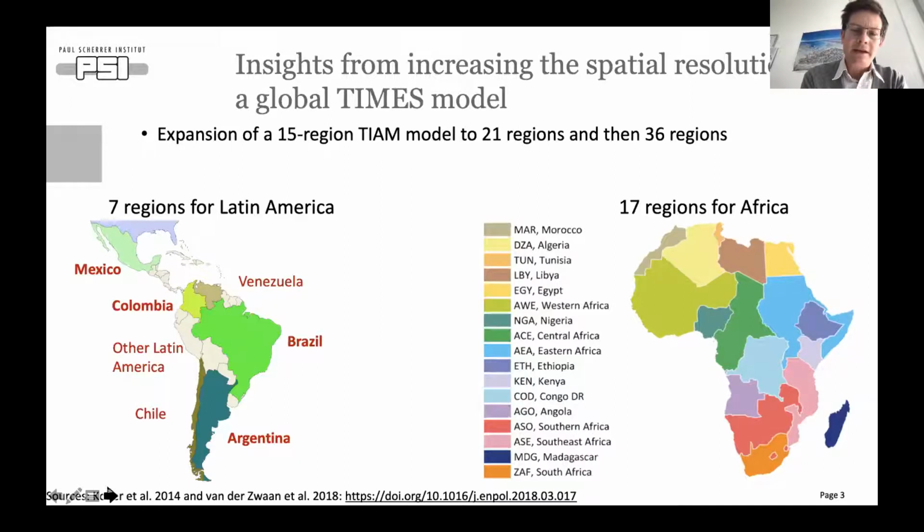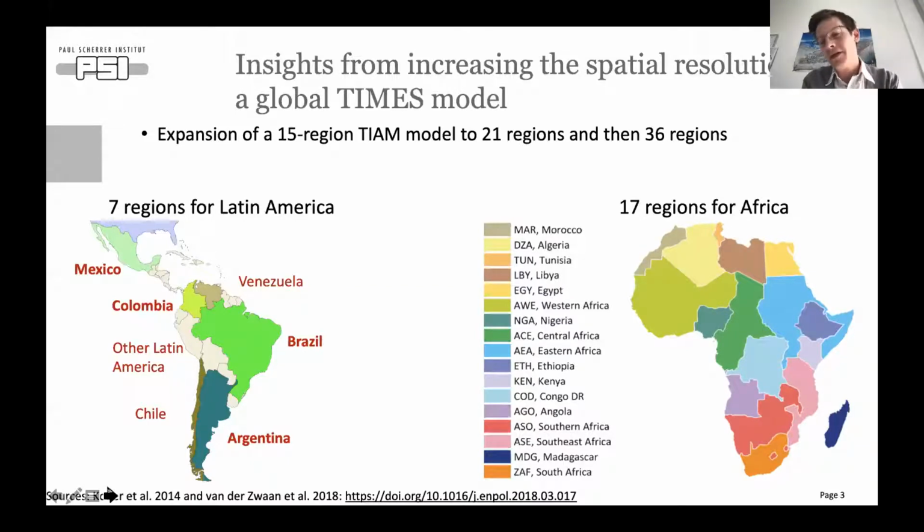And then in another project, we detailed the African region of the TIAM model, where we established 17 regions for Africa. Which actually was quite a challenge, but we came up with this composition of regions due to various reasons.